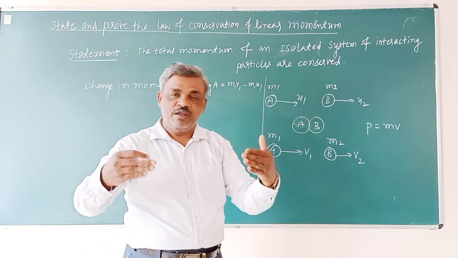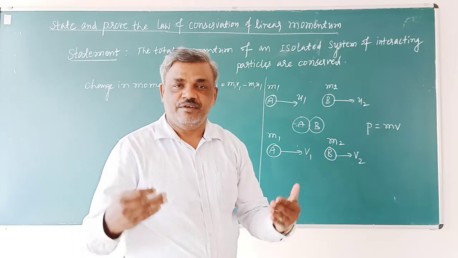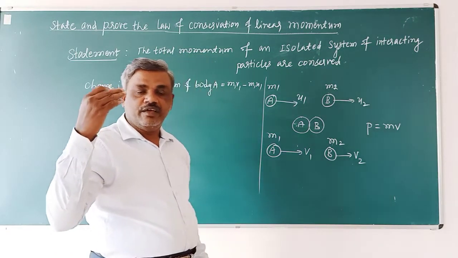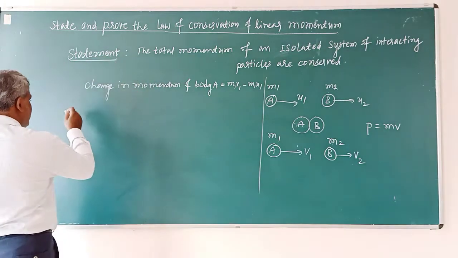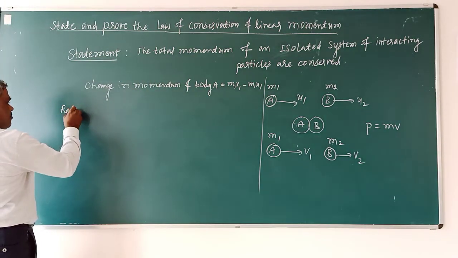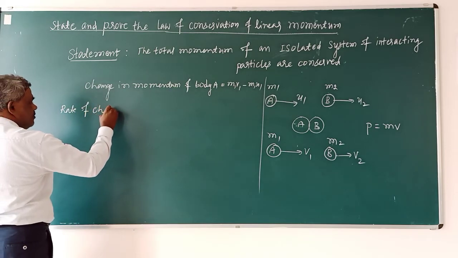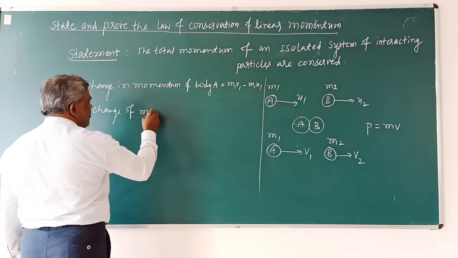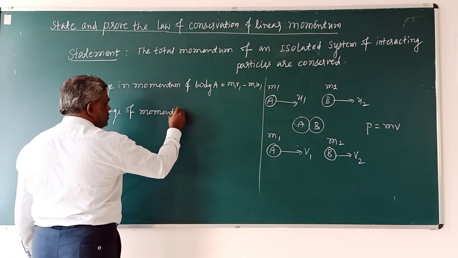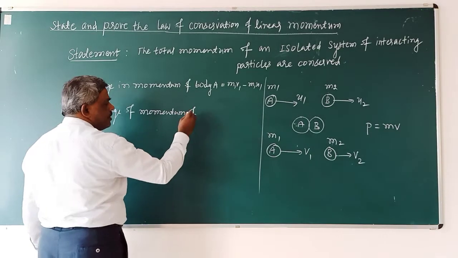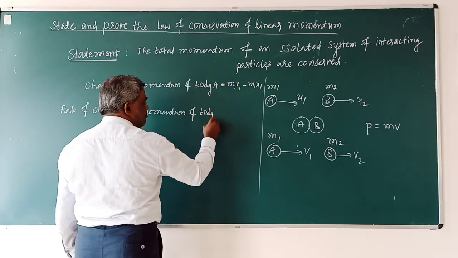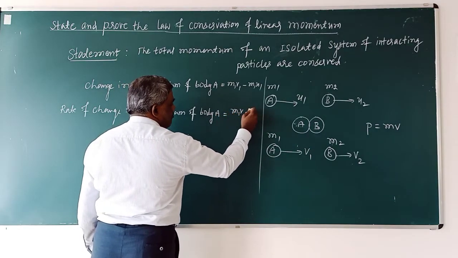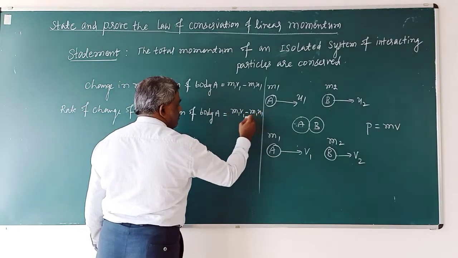The change in momentum takes place in time t seconds. That is the rate of change of momentum. The rate of change of momentum of body A equals m1 v1 minus m1 u1 by t.